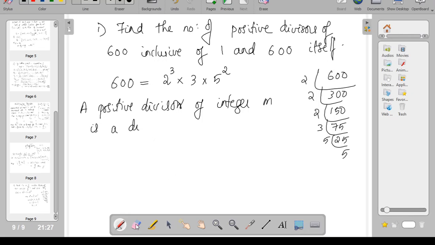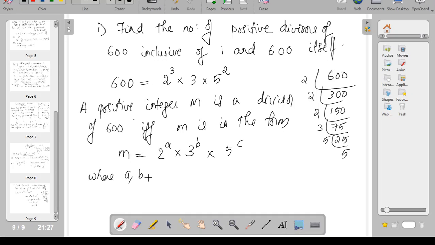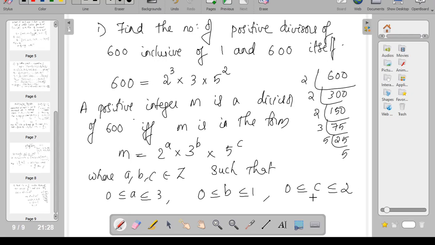A positive integer m is a divisor of 600 if and only if m is of the form 2 raised to a into 3 raised to b into 5 raised to c, where a, b, c belong to Z, such that 0 less than or equal to a less than or equal to 3, and so they must be integers, and 0 less than or equal to b less than or equal to 1, and 0 less than or equal to c less than or equal to 2.